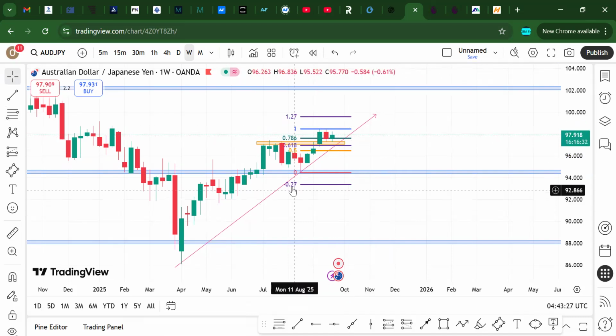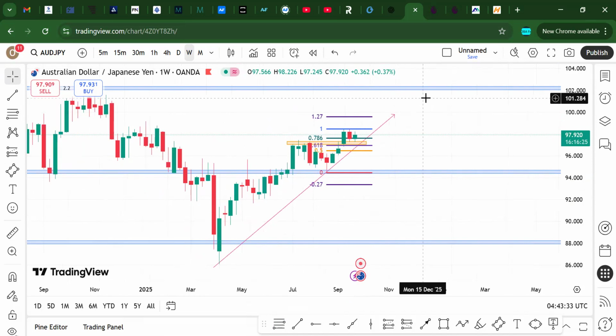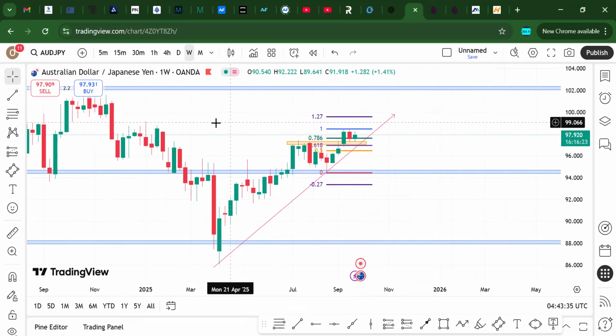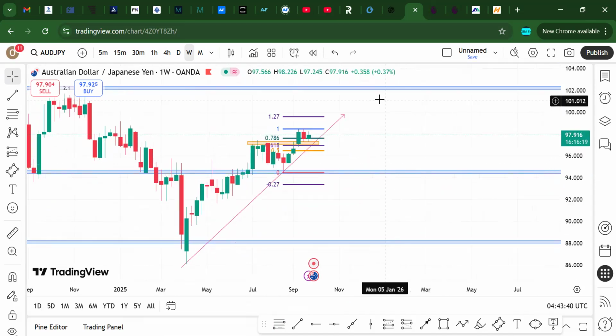Okay, now having this setup, the next thing we'll do is go to the tradable time frame, which is the daily time frame, our next lower time frame. Remember, our directional bias is from the monthly time frame.